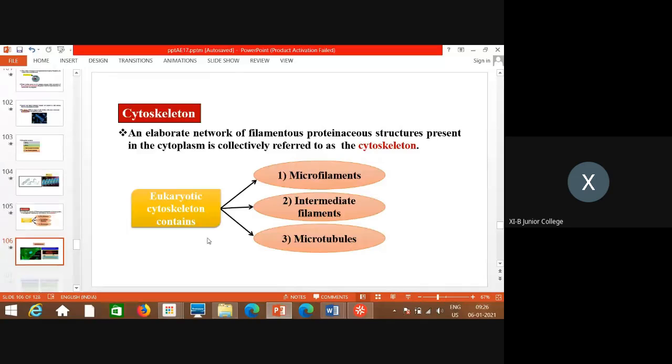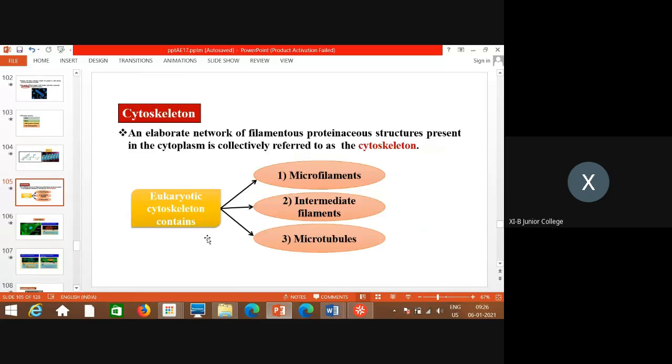Okay. Now the remaining few organelles that we will discuss, that is the cytoskeleton. What is the cytoskeleton? The word skeleton itself suggests that it gives a framework. Skeleton is what? A frame. A frame present in the cytoplasm of that particular cell.